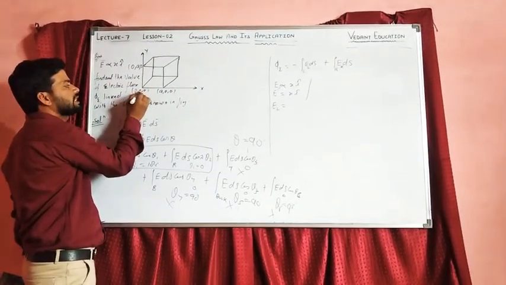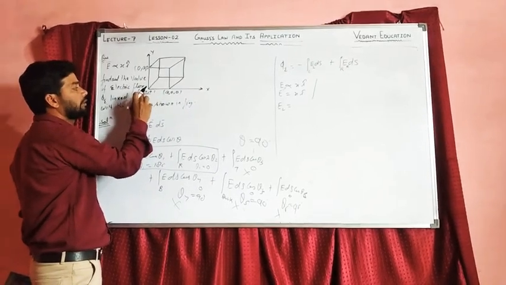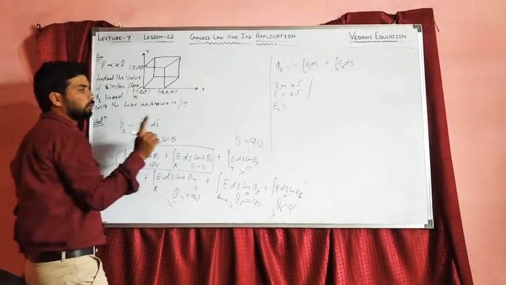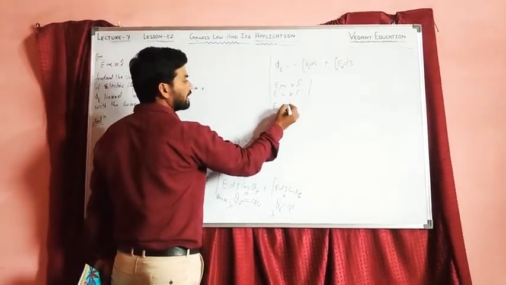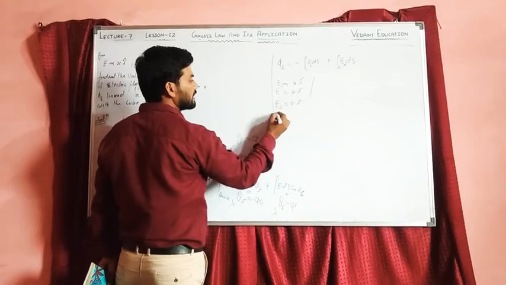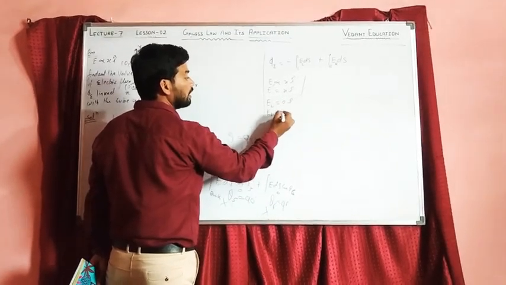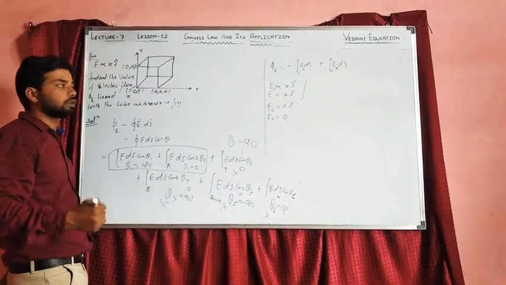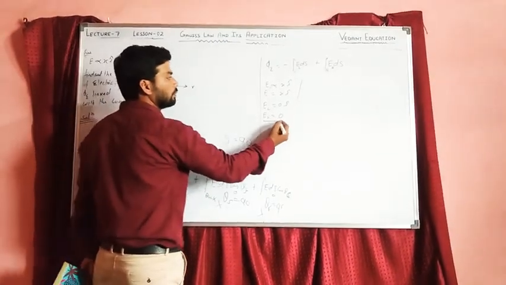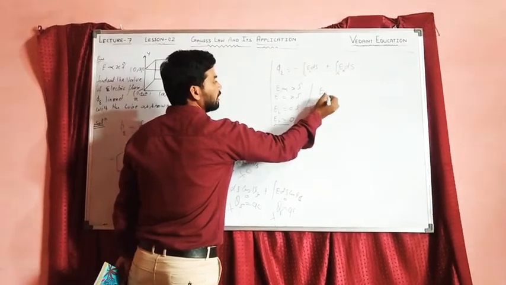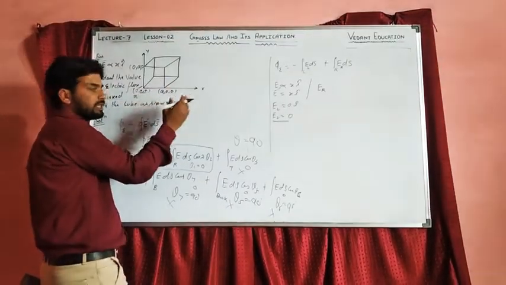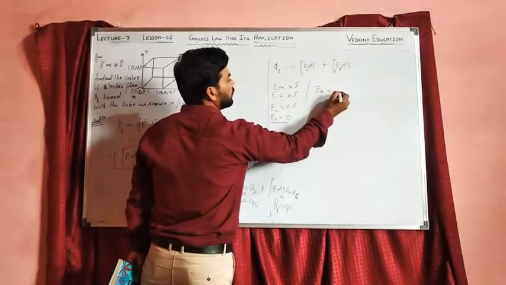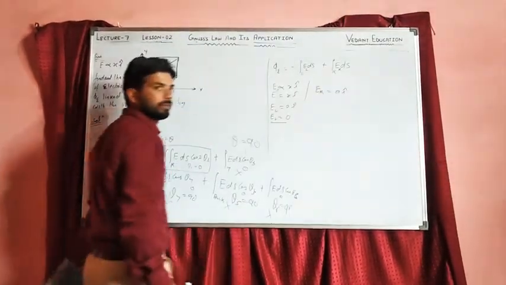So the value of x at the left face is 0. So the electric field at the left face, x equal to 0 times I cap, that is E L, the electric field linked with the left face of the cube, is 0. Now the value of the electric field linked to the right face: the value of x is A. So E R equals A I cap, right?